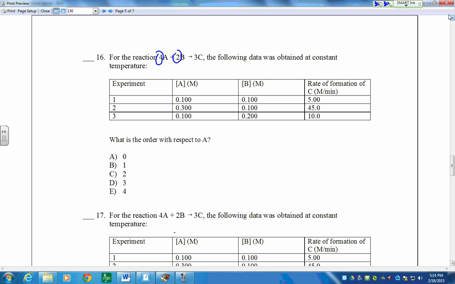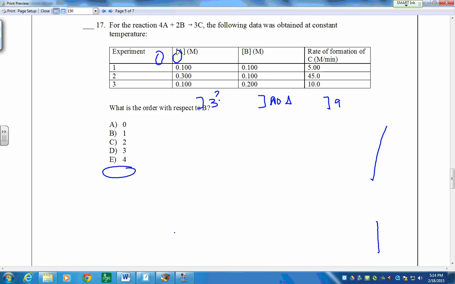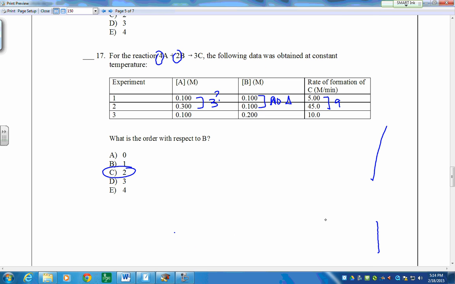So what's the order with respect to A? You cover up B, find a set of trials in which B doesn't change. So no change. This tripled. 5 goes into 45 9 times. 3 to what power gives you 9? This is second order. This is the same problem, same reaction.